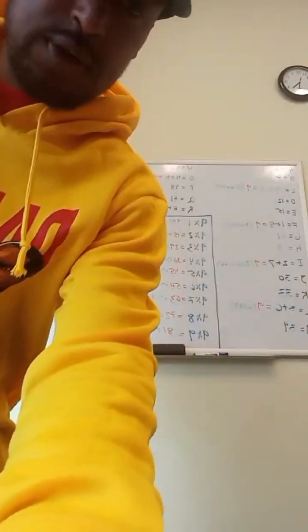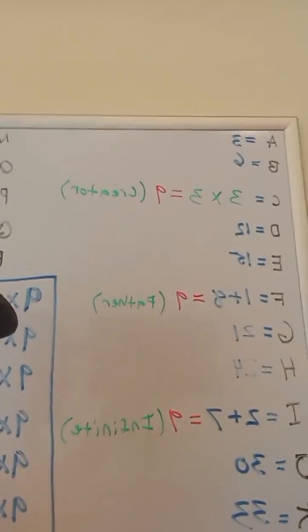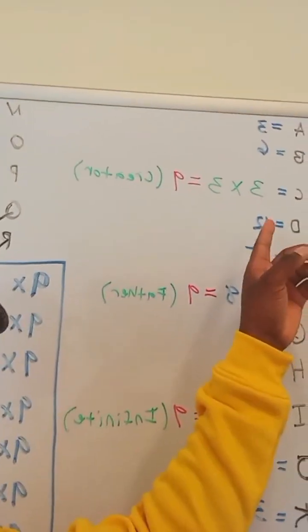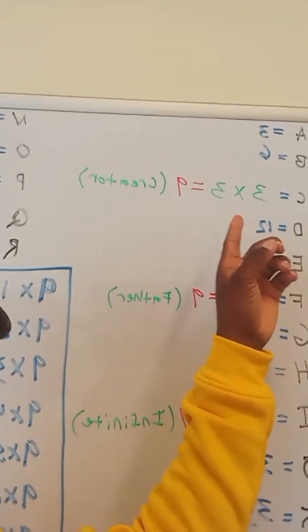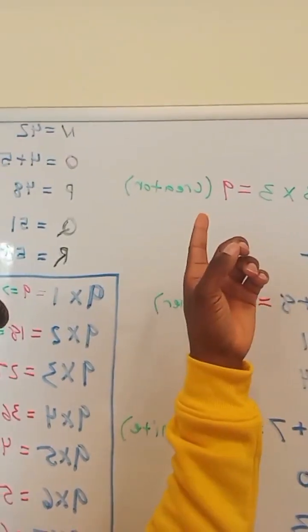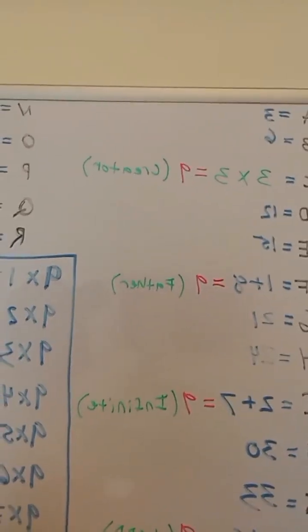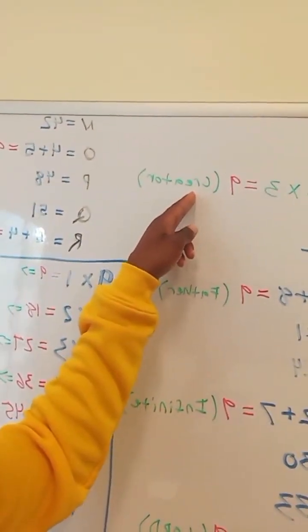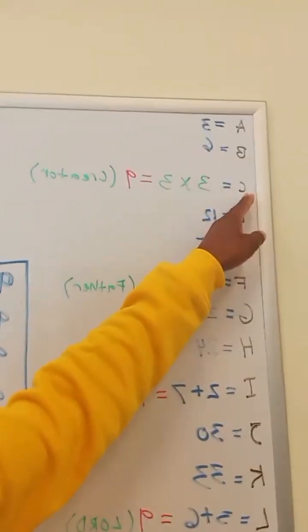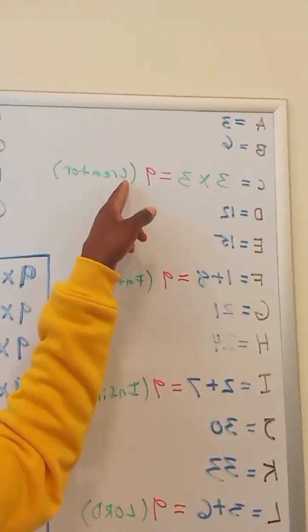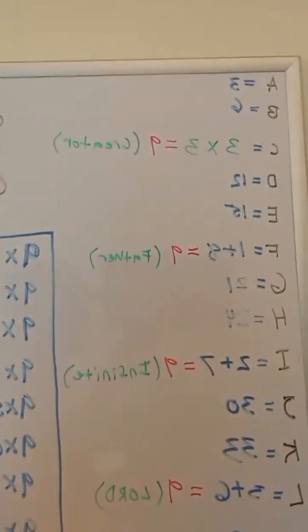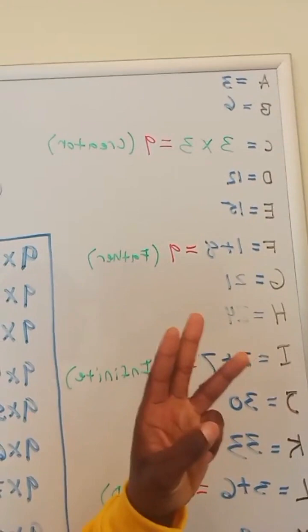So if you look on this board, I got A, B, and then C, and C is 3 times 3 equals 9. And that right there signifies the creator. C signifies creator. Creator starts with C. So we're using the alphabet A to Z and the multiples of 3.